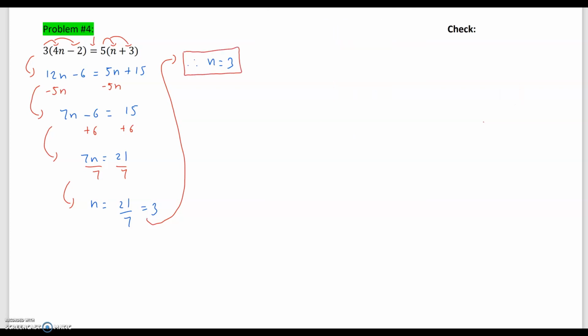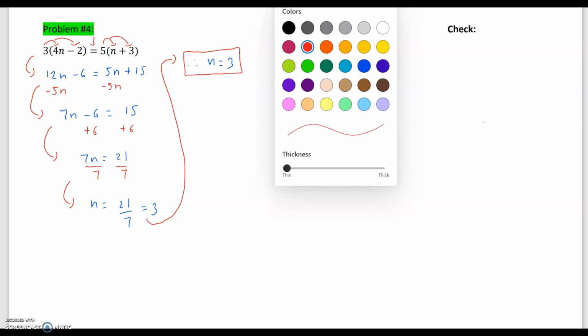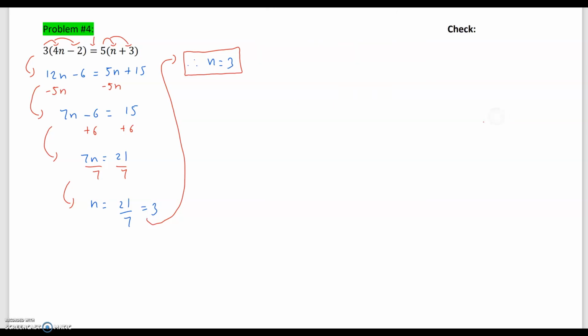Also, keep in mind that the problem is also asking us to check the solution. So to check the solution, we're just going to evaluate n is equal to 3 in the original equation.